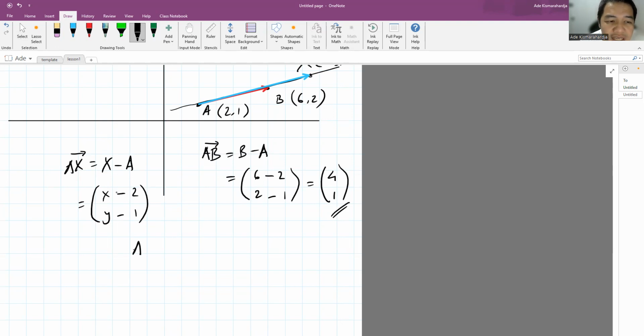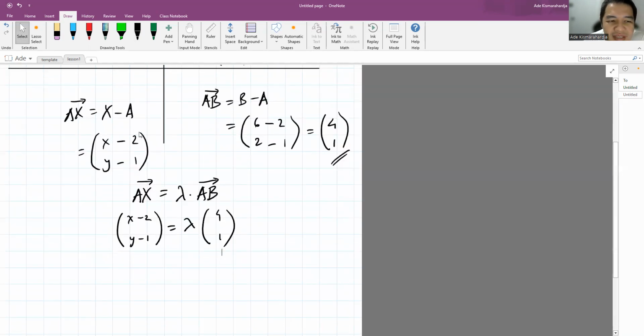Essentially, when they are on the same line, we can write down a relation between these two vectors: AX equals a number times the second vector, lambda times AB. That's a very important idea. Now, what is AX here? X minus 2, Y minus 1. So that's AX, and it equals lambda times 4, 1.